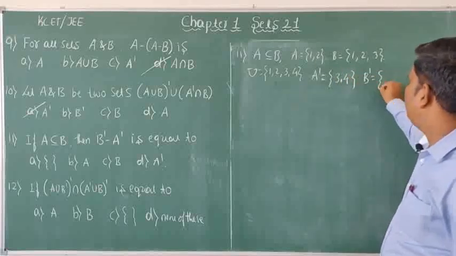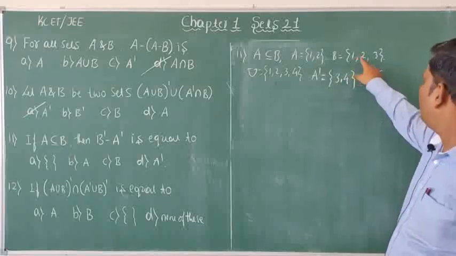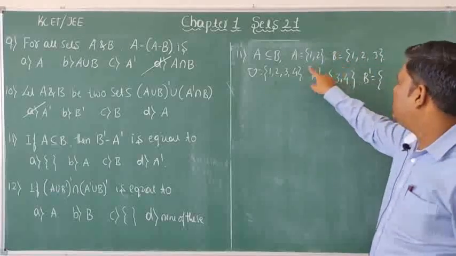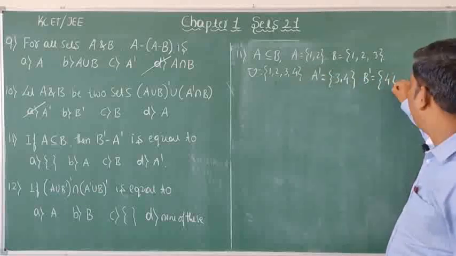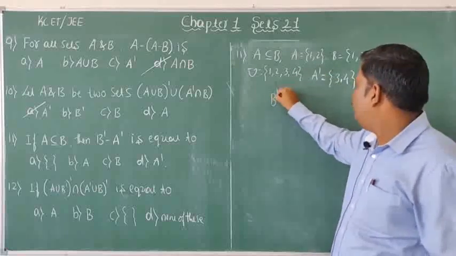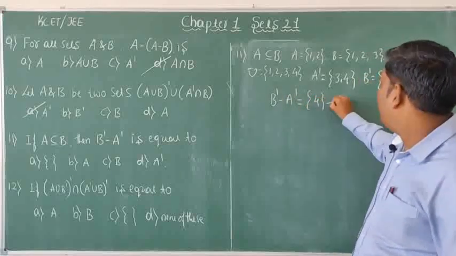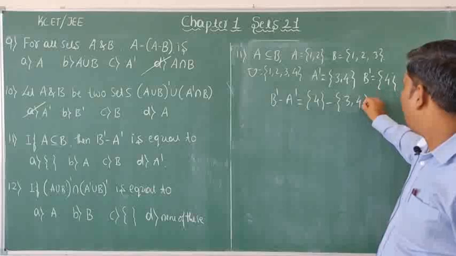B complement, B dash, is the elements other than 1, 2, 3, which are not in B, that is 4. Next we have to find B dash minus A dash. B dash is 4, minus 3, 4.